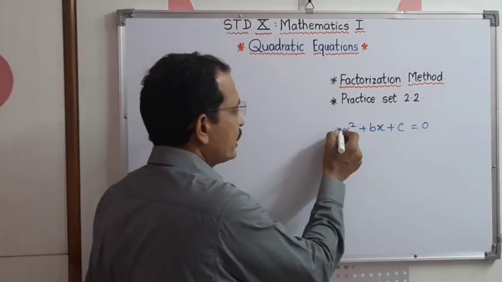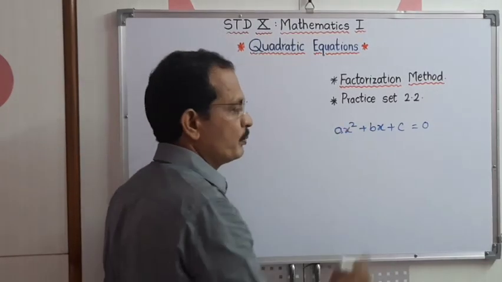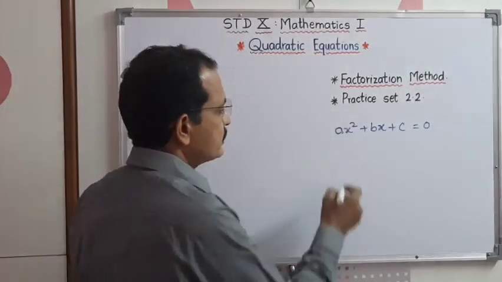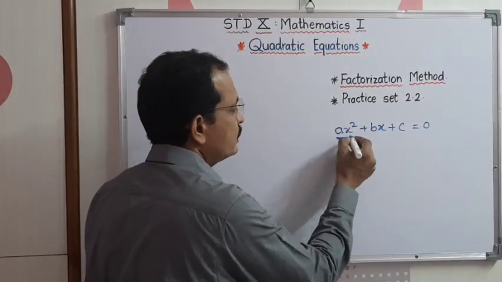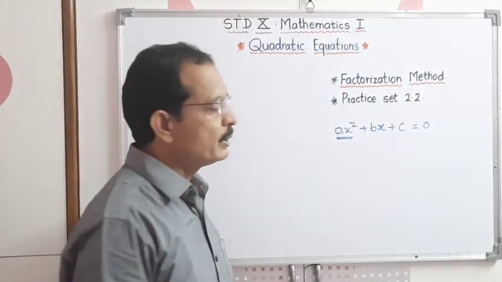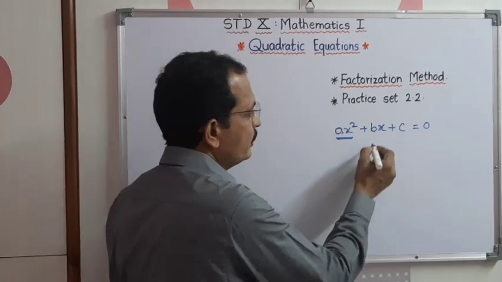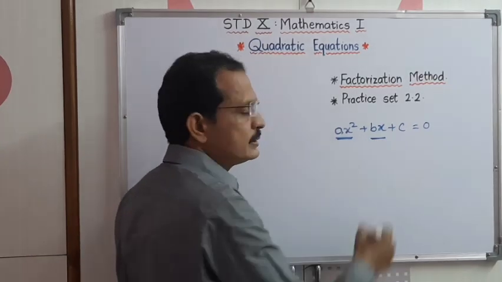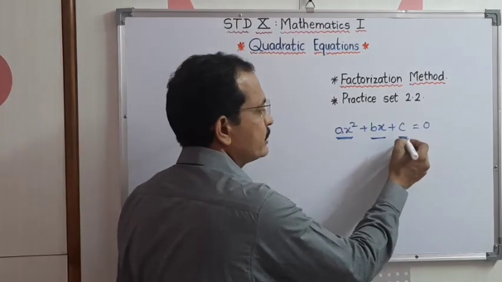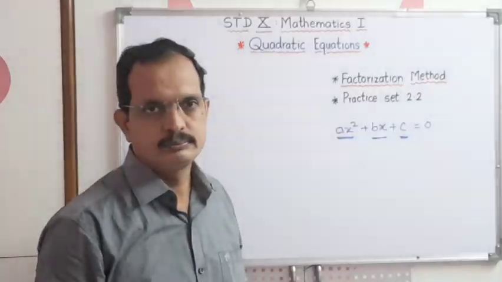This is the general or standard form of a quadratic equation. In this, ax square is known as the quadratic term because the variable has index 2. This bx is called the middle term and this c is known as the constant term.